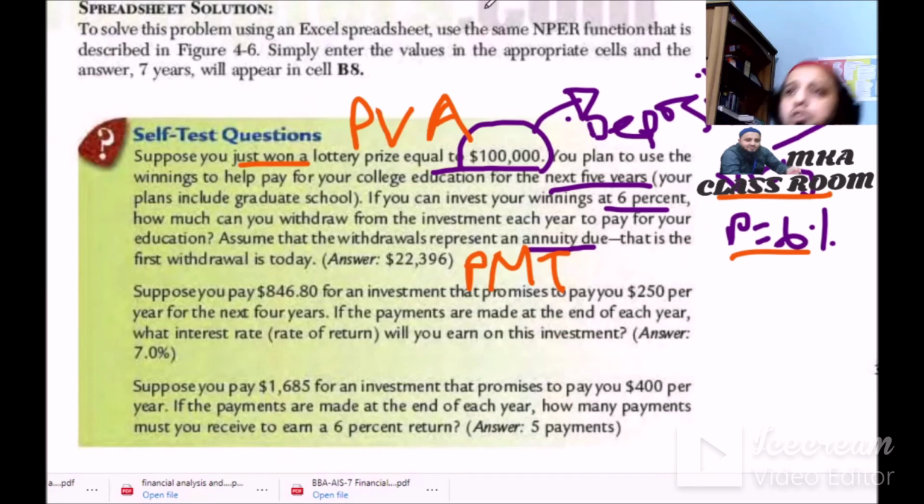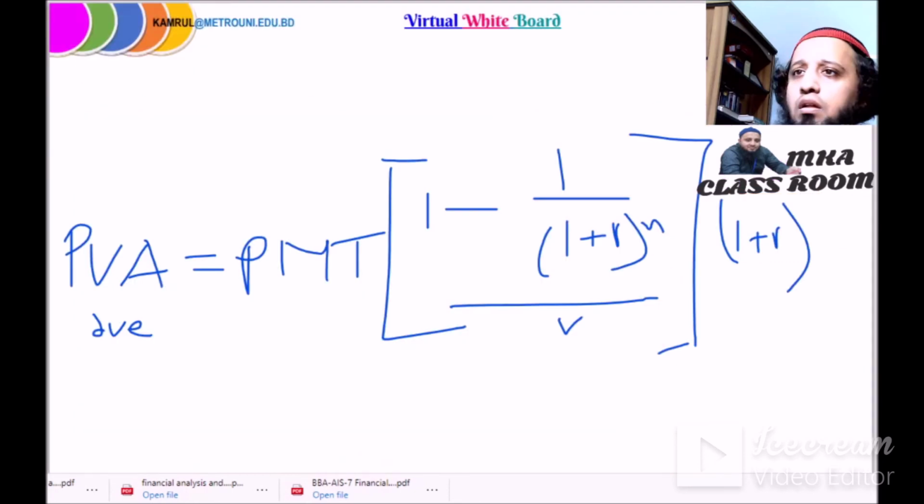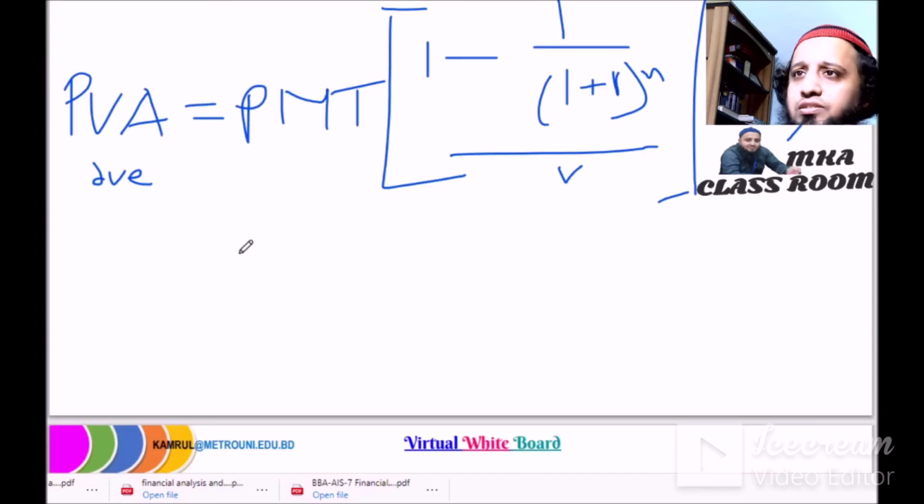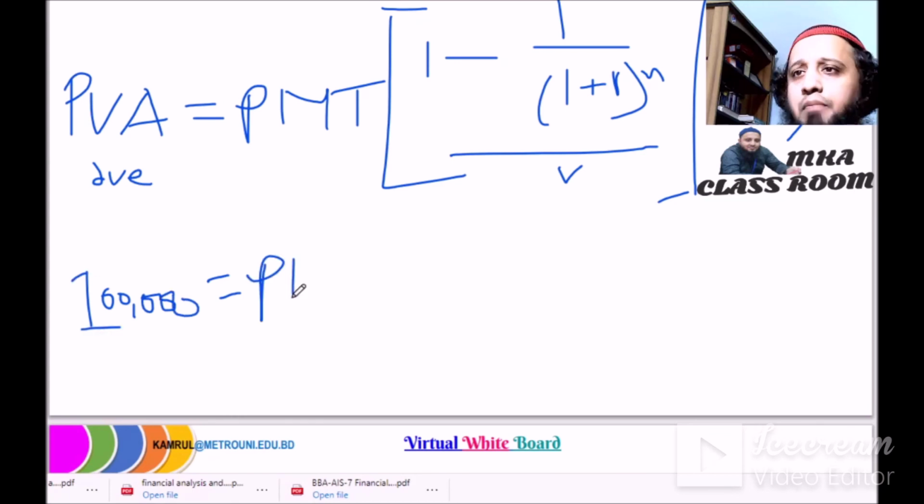So now if we put down our formula, then we will get its answer. So we have 1 lakh which we deposit today, and we don't have the payment. We have to solve for payment.